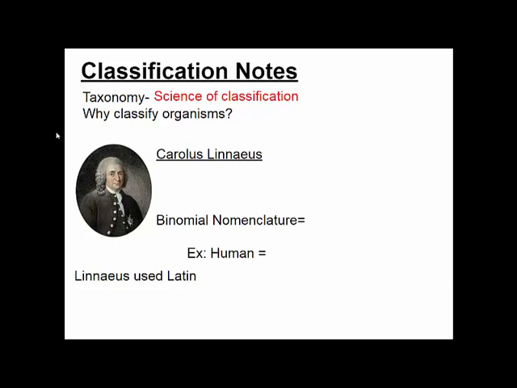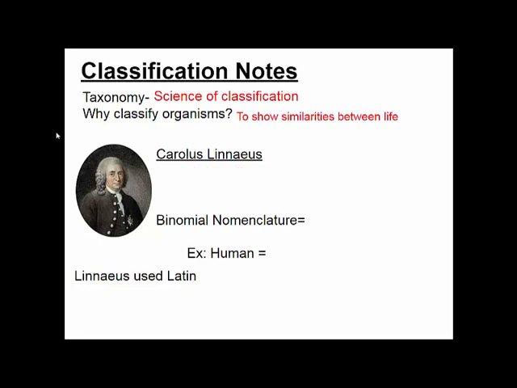And putting organisms into different groups or categories helps to make sense of the living world. It helps us to understand why two living species might be similar, why they might be different, how they're related, how they evolved, those sorts of things.